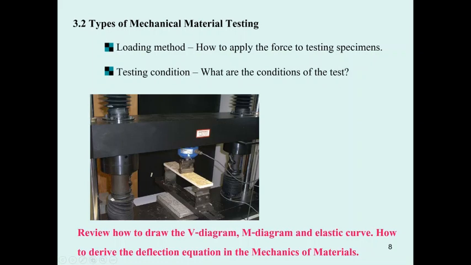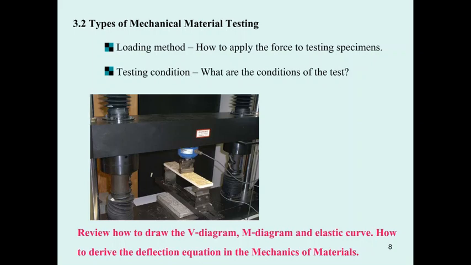We have the loading cell here, and then we have the support for the beam here. When this lower part moves up, you can see that this beam is going to deflect like this.